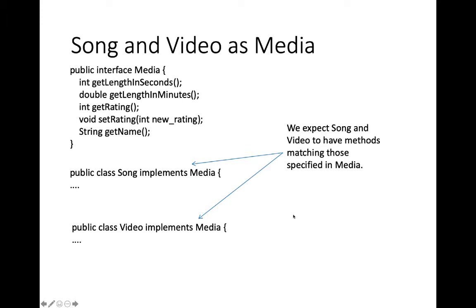We might have song objects which implement media, and we might have video objects that implement media. And so those classes, by declaring that they implement media, are basically promising that they will provide the appropriate implementations for all of those methods in that media interface.